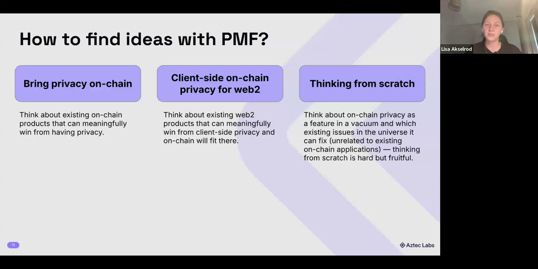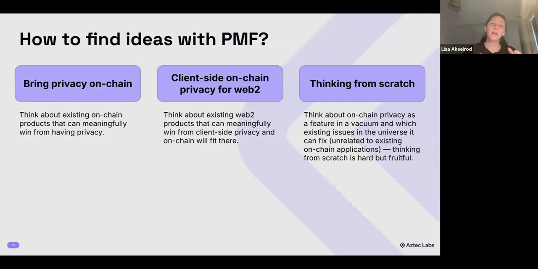We are talking about Ethereum, for example, a transparent blockchain, where everyone sees everything. So the first thing to think about is if we can add privacy to an existing blockchain application, and adding privacy will make it 10x better. This is a very, very important point.